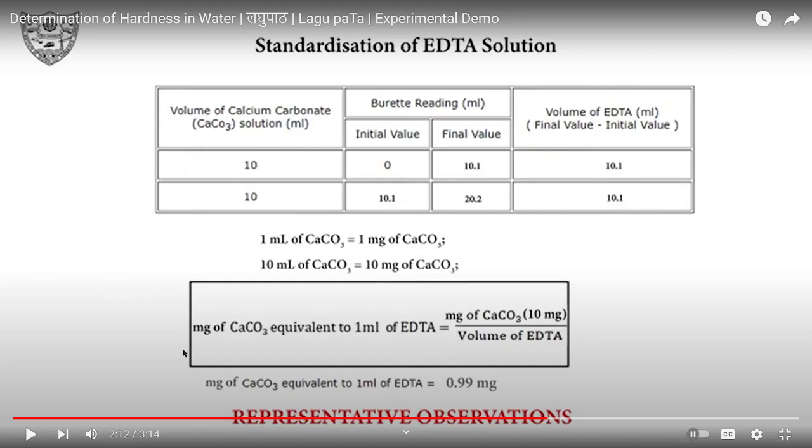So we can find milligram of CaCO3 equivalent to 1 milliliter of EDTA. That will be milligram of CaCO3 in our sample. The concentration of CaCO3 is 0.01 molar, so for 1 ml we will have 1 milligram. So 10 milligram divided by the volume, that is 10.1. So milligram CaCO3 equivalent to EDTA, we got 0.99.